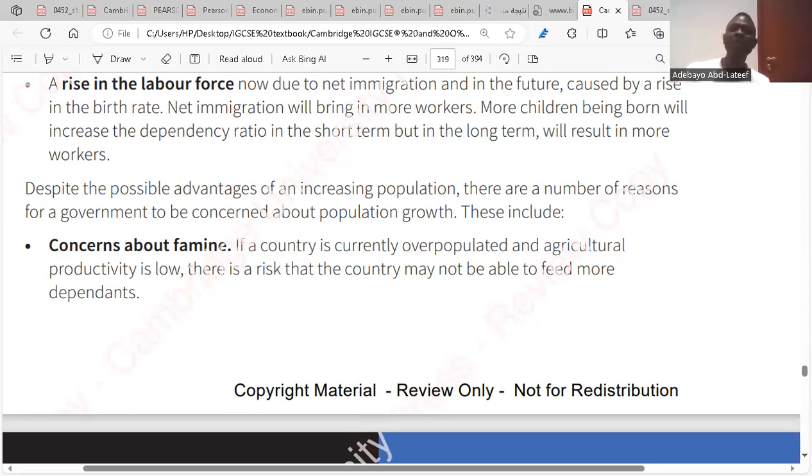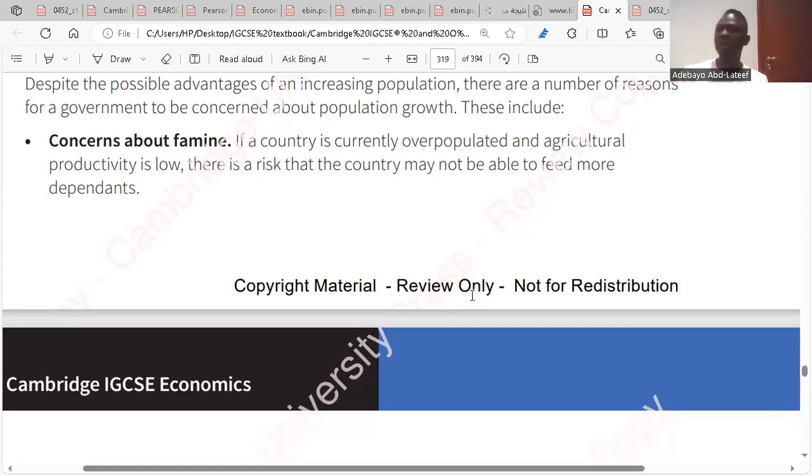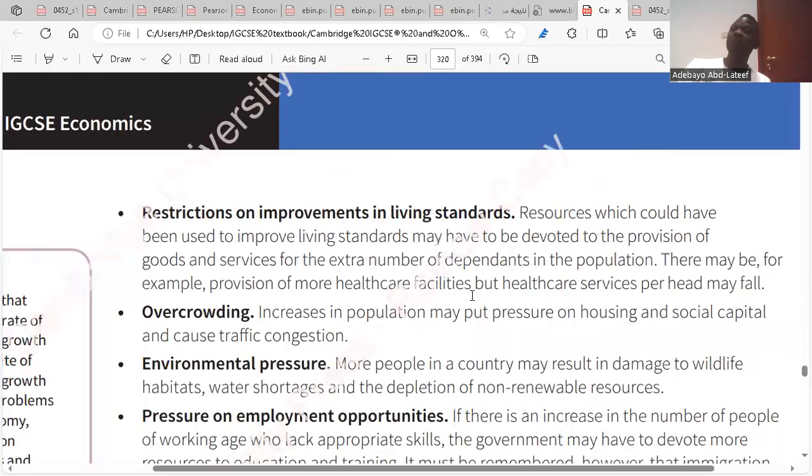Now, despite the possible advantages of an increasing population, there are a number of reasons for a government to be concerned about population growth. These are the negative consequences of population growth. One, concerns about farming. If a country is currently overpopulated and agricultural productivity is low, there's a risk that the country may not be able to feed more dependents.